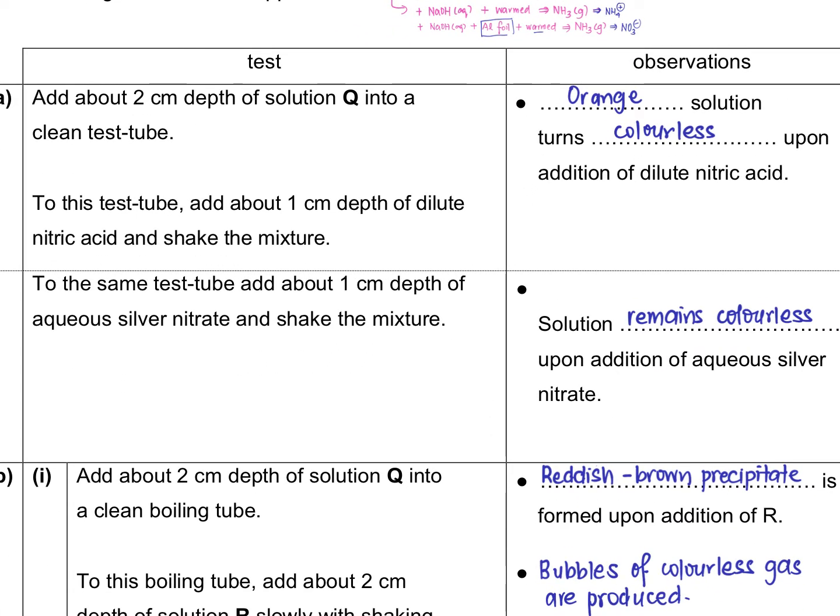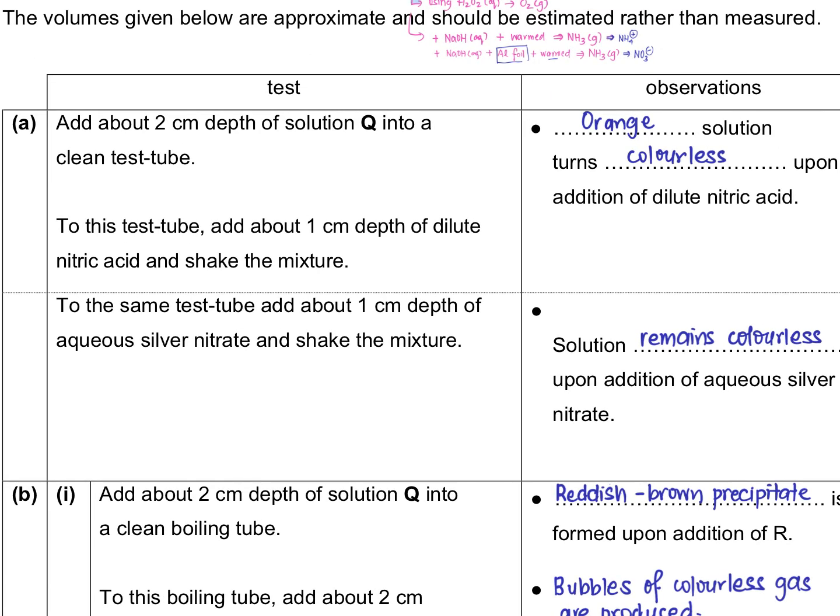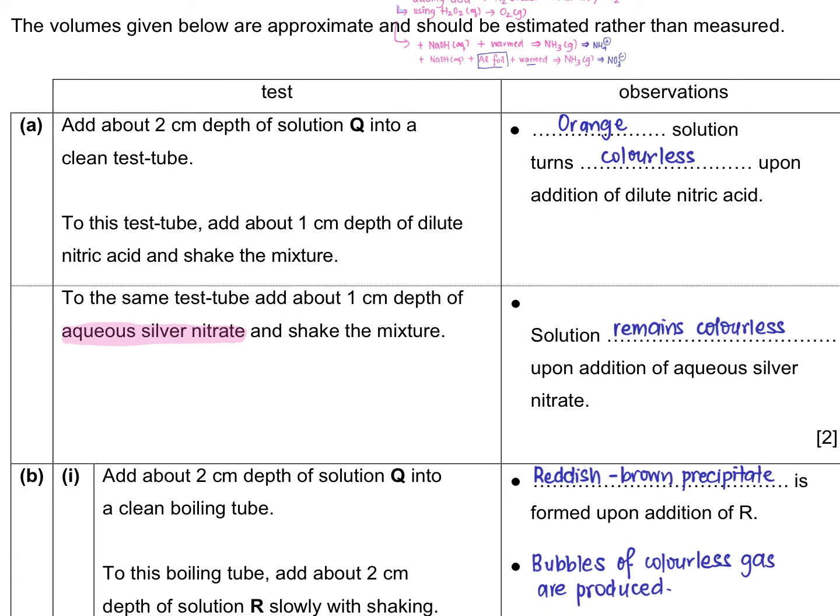Okay, so if you run through the different tests again, you realize 1A doesn't tell you anything much. 1B, the one that you need to focus on is actually silver nitrate. What is silver nitrate testing for? Test for chloride.